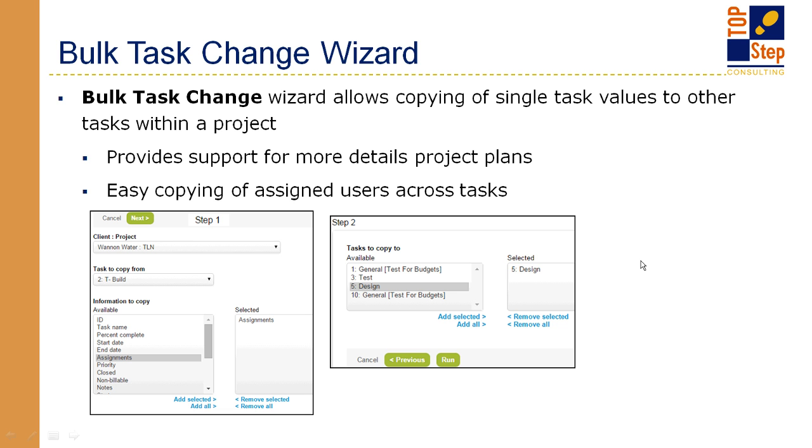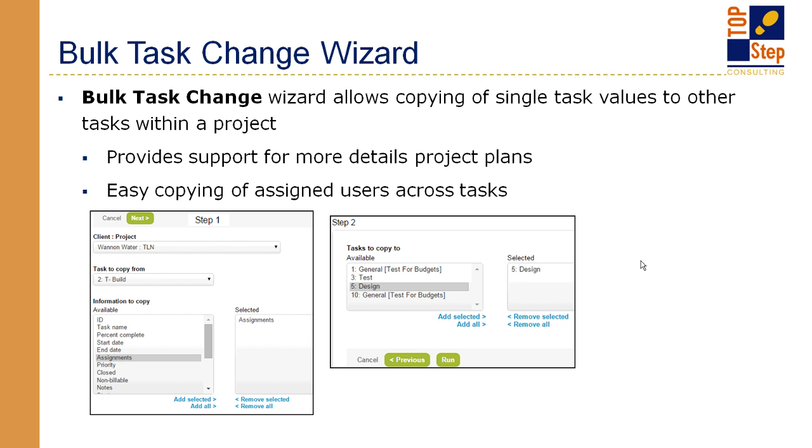The other wizard is the bulk user change wizard. You make an adjustment to a user and you can copy it to all other users, or if you use departments, you can copy it to different departments. An example I use a lot is that some people like to set up specific list views, within their project stages or just throughout the system, and they want everyone to have the same view, or at least start from the same view, because when you're sharing screens or someone's helping to train people, they're going, well, how come I see this and you see this?